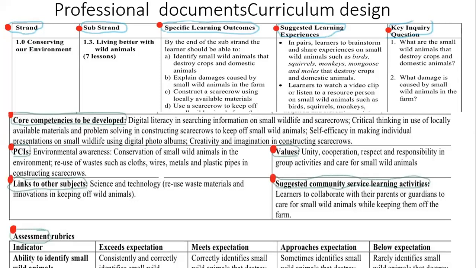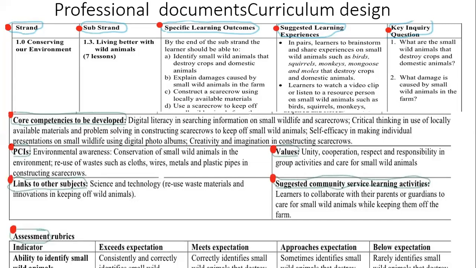Then we are actually given in this design the suggested learning experiences, and they're just suggested. So KICD guides us and tells us some of the experiences. For example, here, in pairs, learners brainstorm and share experiences on small wild animals, and it goes on.